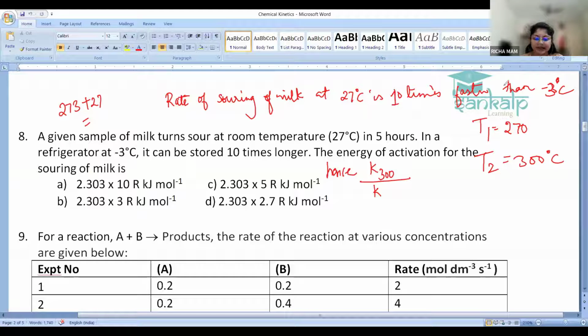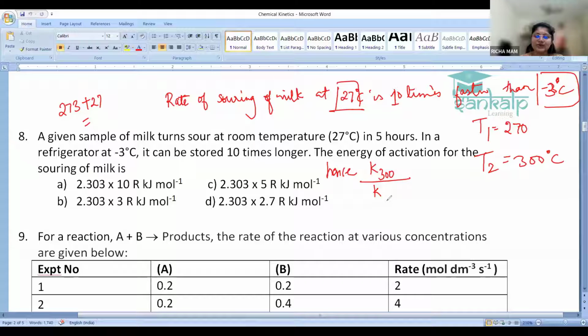Minus 3 degrees Celsius means 273 minus 3, so that is 270. Your T1 will be 270 and your T2 will be 273 plus 27, that is 300 degrees Celsius.